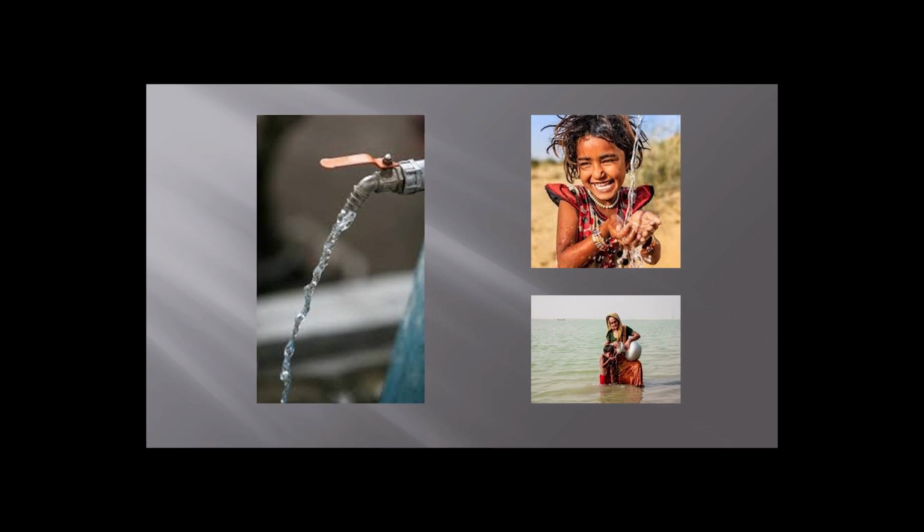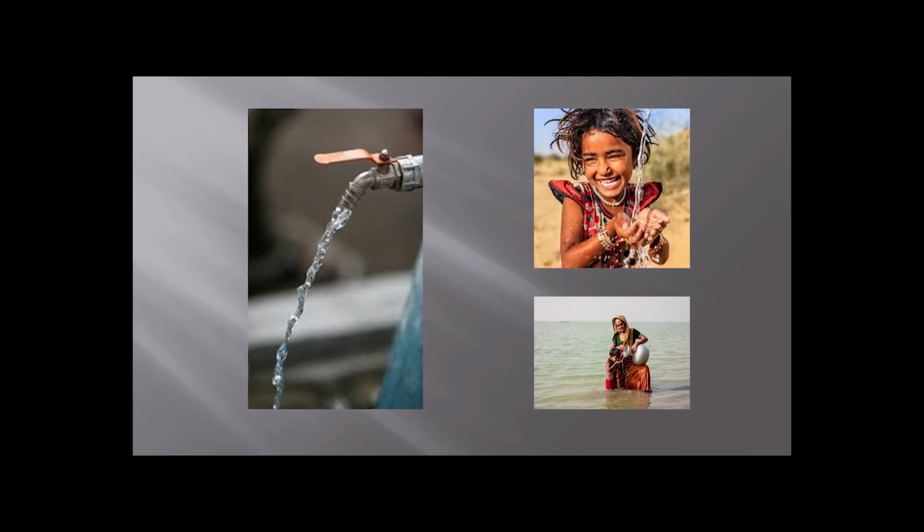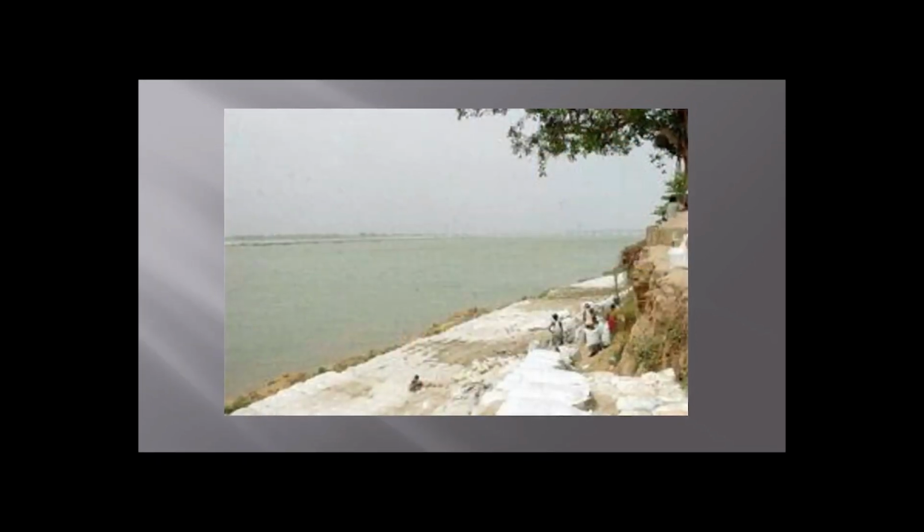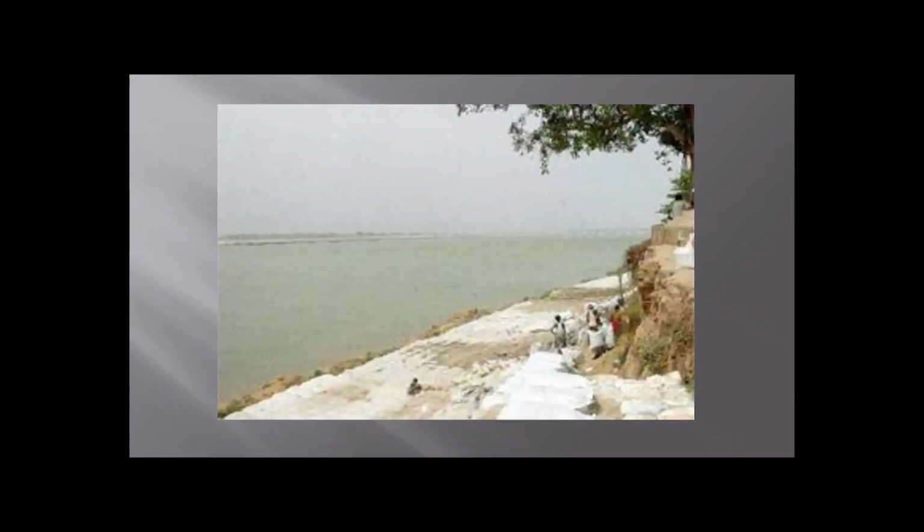The population, irrespective of whether it is in urban or rural areas, who consume river water for their normal domestic purposes, gets affected due to many adverse effects of salinity.